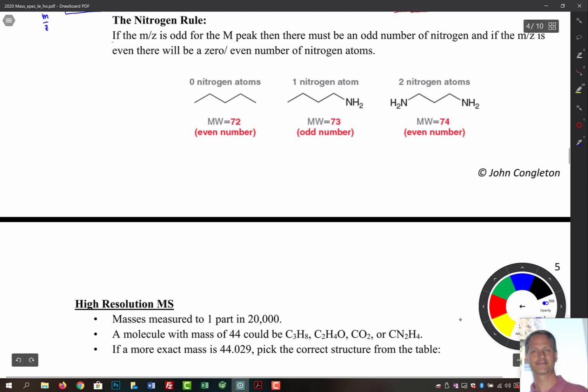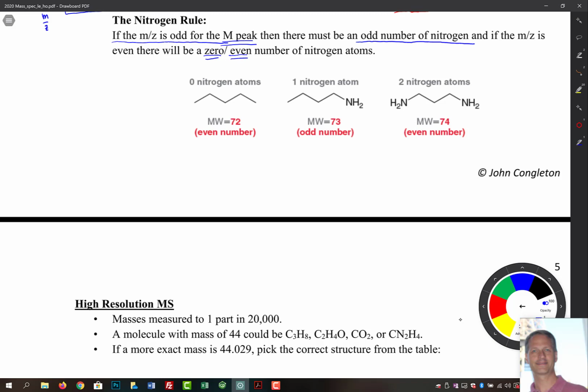So it turns out that if your mass to charge ratio here is odd for your M peak or your M plus peak, then there must be an odd number of nitrogens. If m/z is even, there's either no nitrogens or an even number of nitrogen atoms.